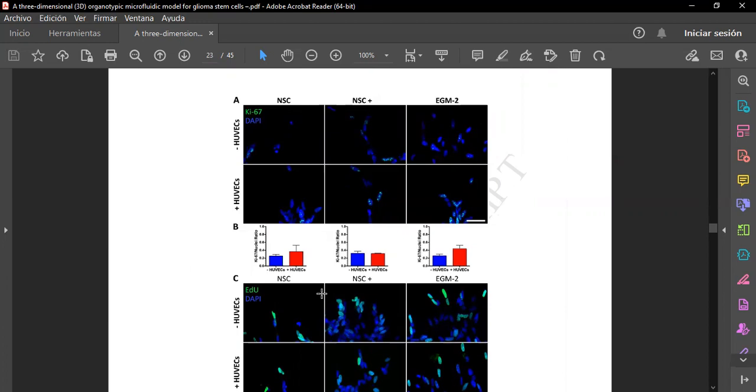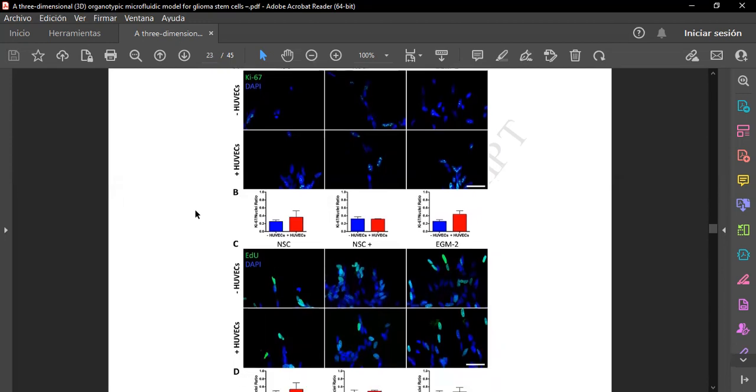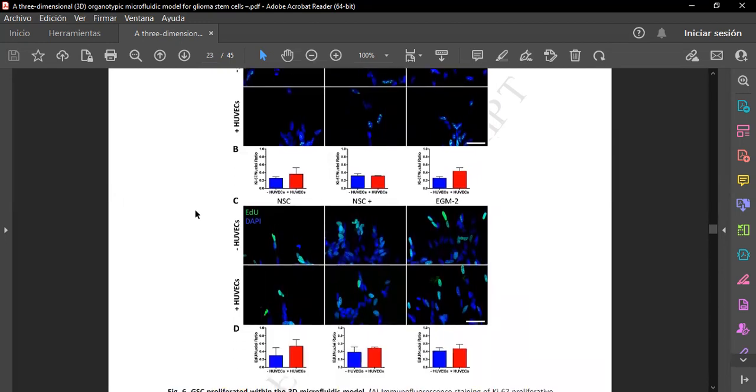In the next figure, they evaluate the proliferation of these cells inside the device using Ki67 and EdU proliferation kit, and they saw that no significant differences in proliferation were observed in tumor cells with HUVEC cells, but they demonstrate that these tumoral cells can proliferate in the devices.